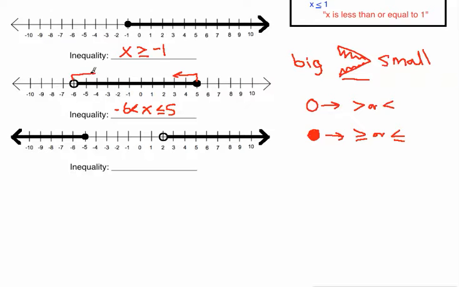So x is bigger than -6 and less than or equal to 5, and that can be written either way. We could also write this as x is bigger than -6 and x is smaller than or equal to 5. Or you can write it as what's called a compound inequality.